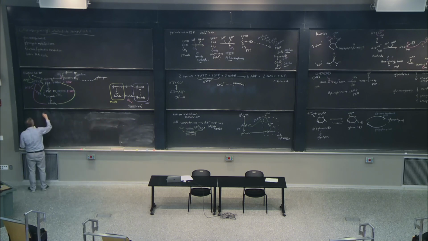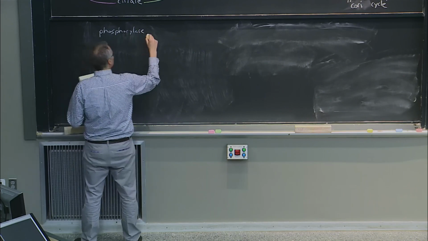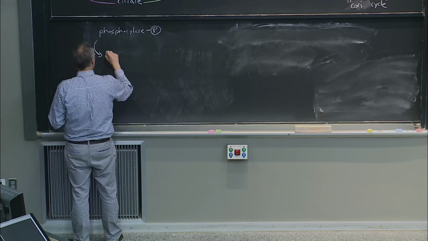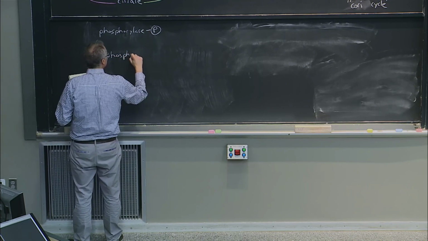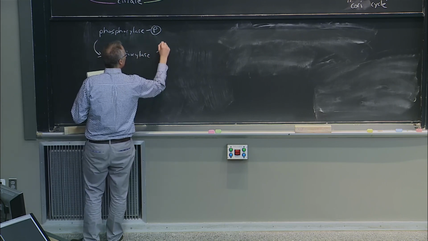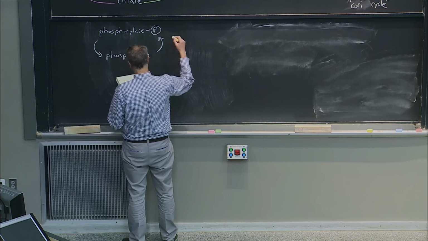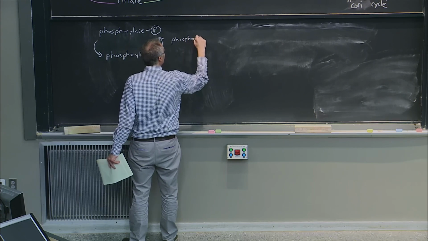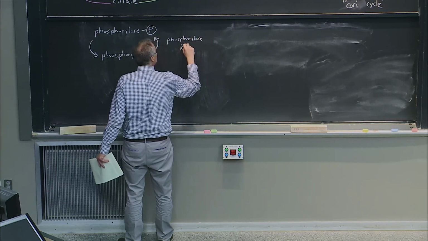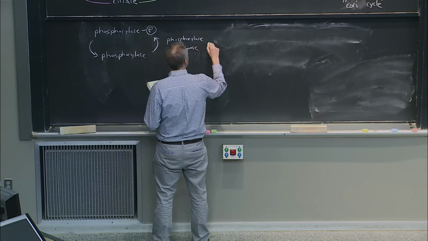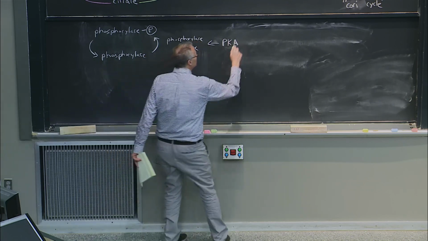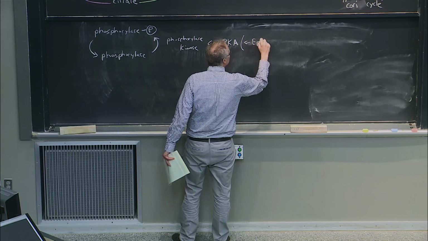So phosphorylase can be phosphorylated or dephosphorylated via a signaling enzyme like phosphorylase kinase, which is downstream of PKA, which is downstream of epinephrine signaling.